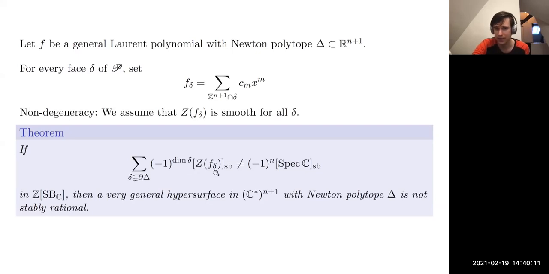If the alternating sum here is not equal to the class of a point, maybe up to some sign, then a general hypersurface with this polytope will not be stably rational. So it's a translation of the earlier observation, but now into a more combinatorial statement.